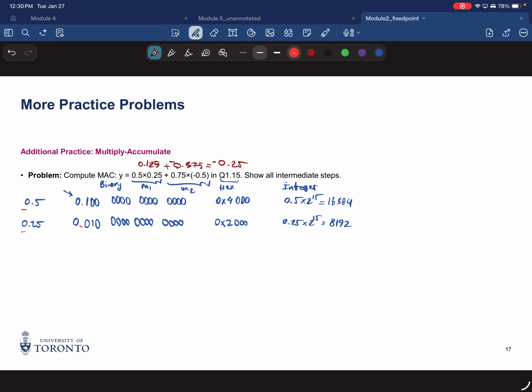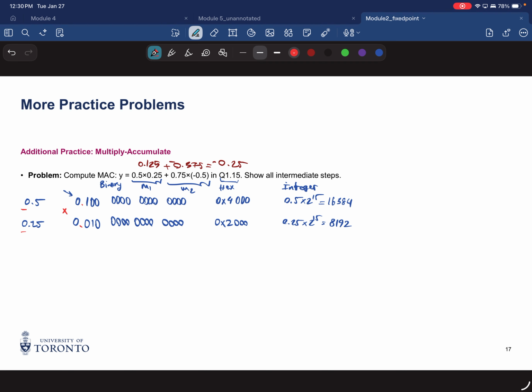Now, what we are going to do is multiply these together. Okay? If I multiply a Q1.15 by Q1.15, what is the result? Last session we talked about it. 2.30, yes. The integer bits get added together.